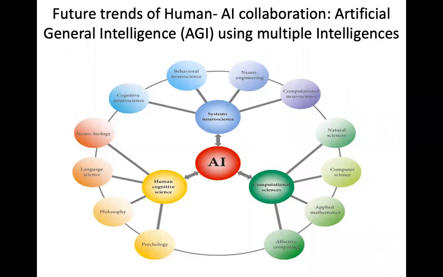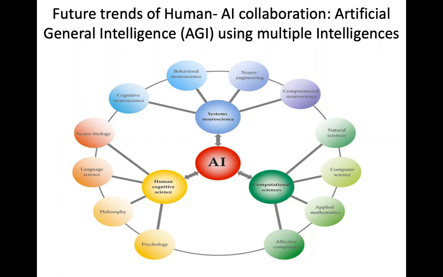Three important components. First component, if you see the diagram in your lecture notes, artificial intelligence has system neuroscience. The first component. The second component is computational science. And the third one is human cognitive science.